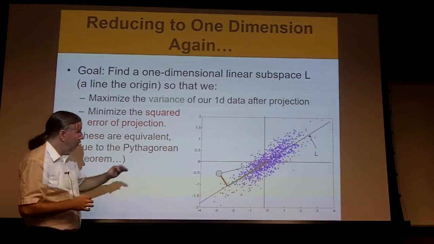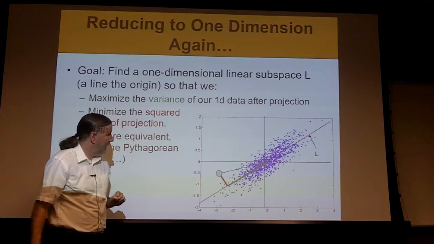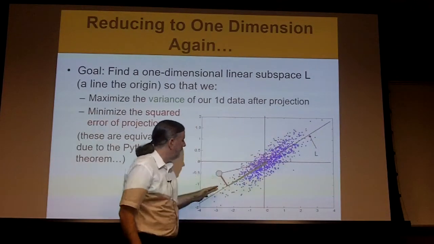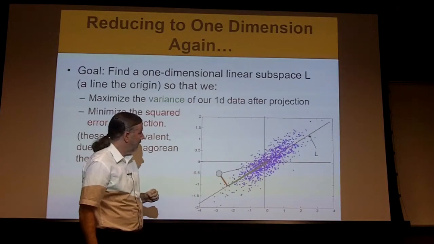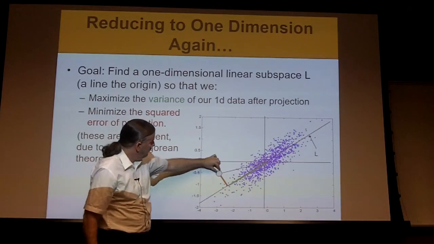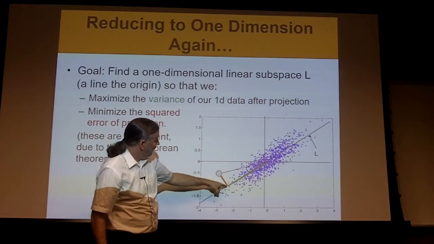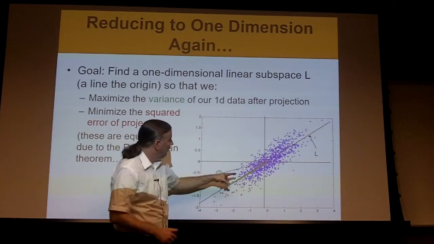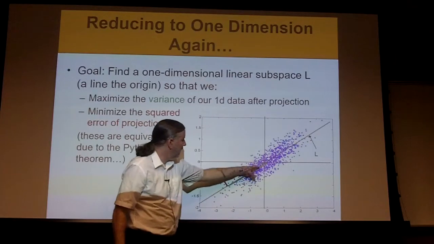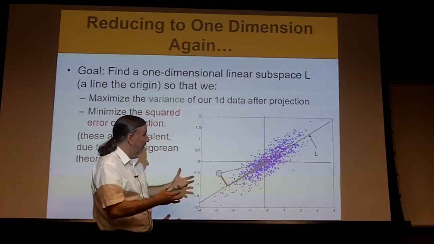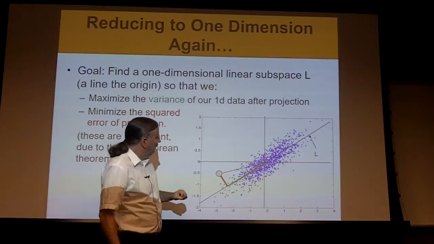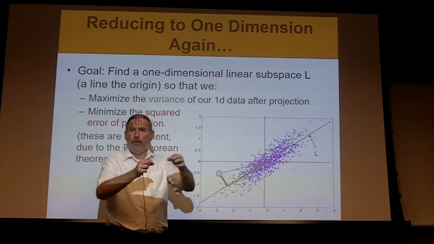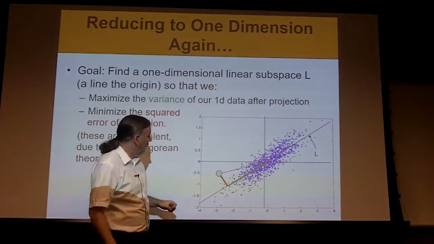In fact, there are 2 ways to phrase the objective of PCA. One of them is, if I project my data down to this one-dimensional subspace, then the result should have maximum variance. And by variance, I mean if I project a point down, then it lives now in one dimension at, I guess, this point. So its coordinate would be this green line right here. And so the variance of all the points after projection, that's basically the squares of these green segments, the squares of how far they are from the origin.